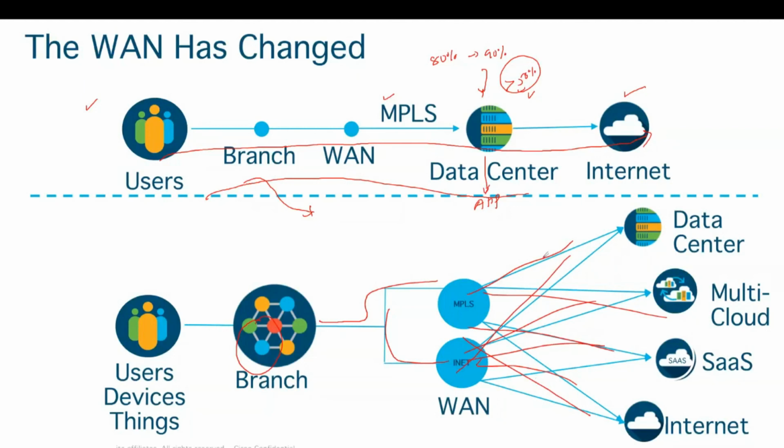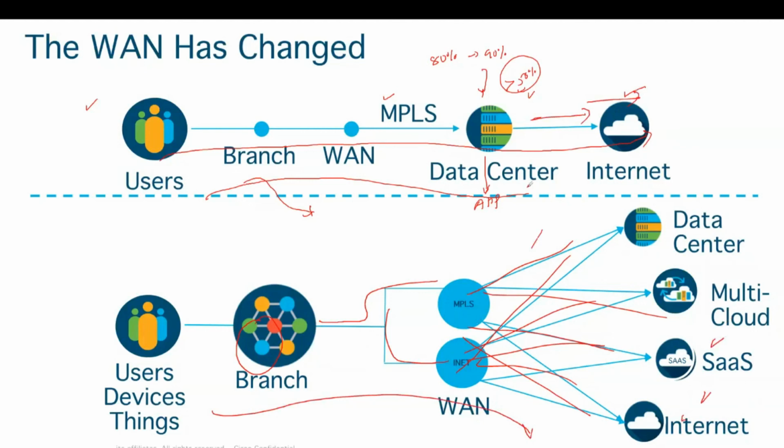Yeah. So with this, what happens now? The branches are now able to access the services that are there in the multi-cloud environment, SaaS, or the internet. The users can break out at the branch itself. They need not go to the data center and break out from the data center. Traditionally, this was the case, but nowadays this is what we want.